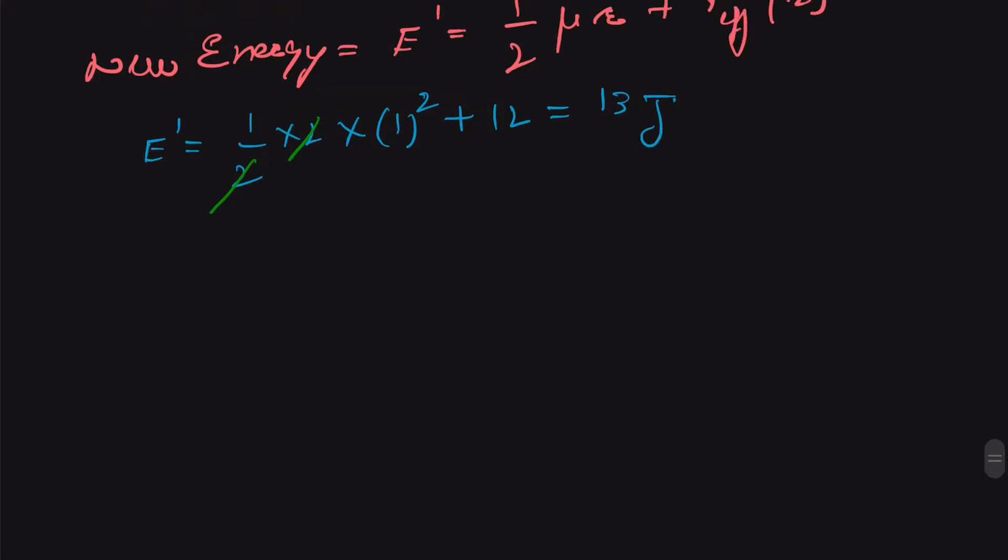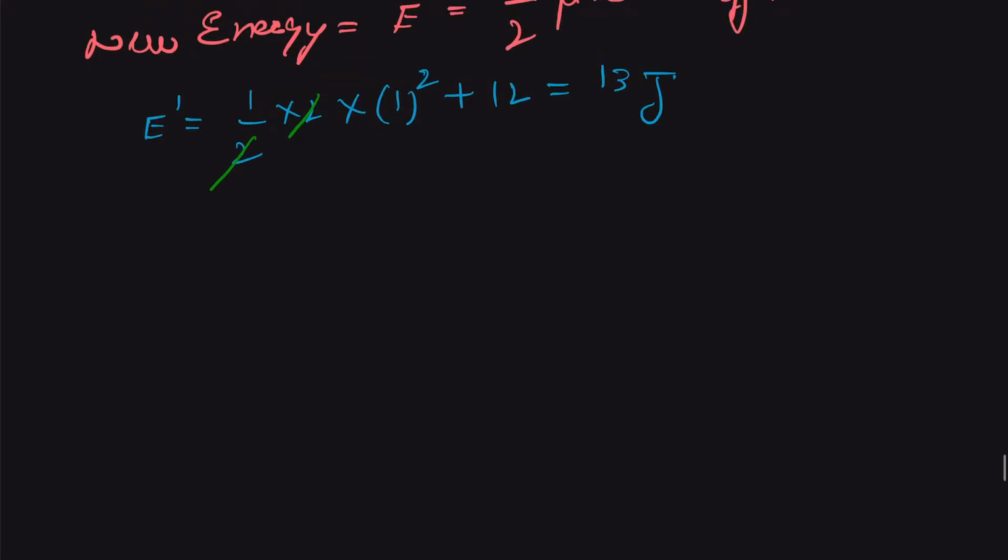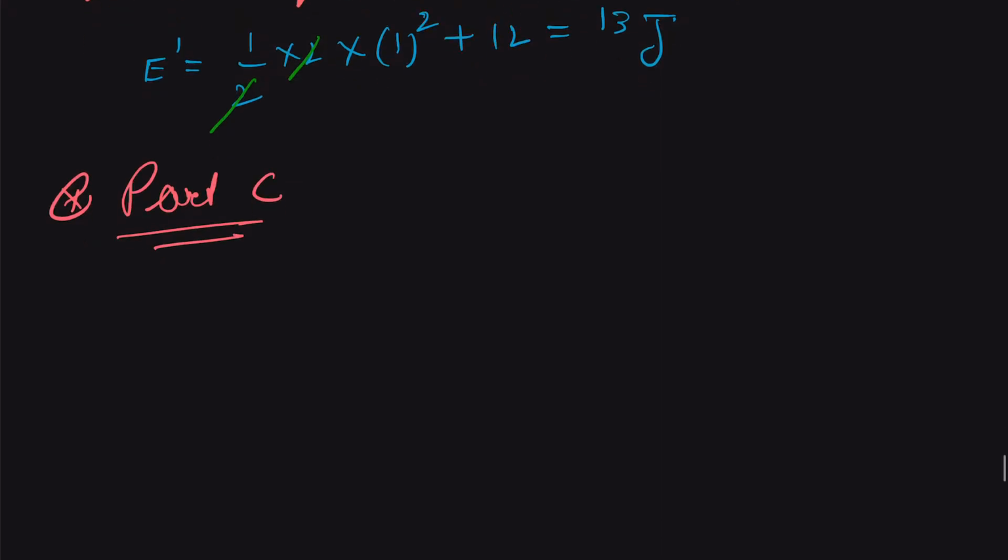Now we have to find out the minimum and maximum value before and after the blow, which is our part C. Part C, the minimum and maximum are after the blow.